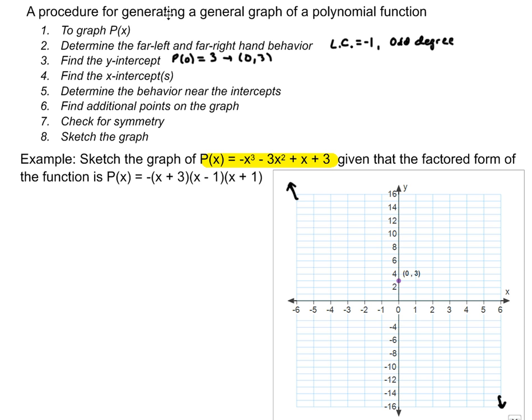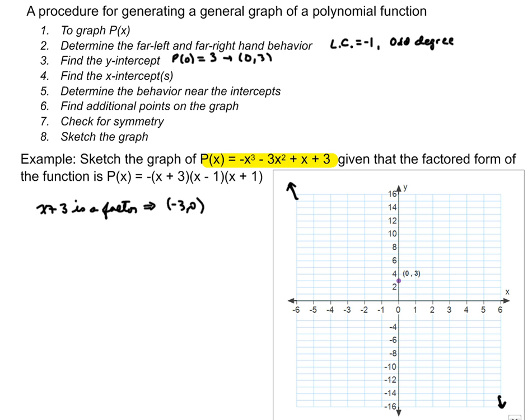How about the x-intercepts? Recall that we made the equivalence statements, that when we have the factored form, we could look at each of these factors. We could say, for example, that since we know that x plus 3 is a factor, it's equivalent to stating that the point -3, 0 is an x-intercept.